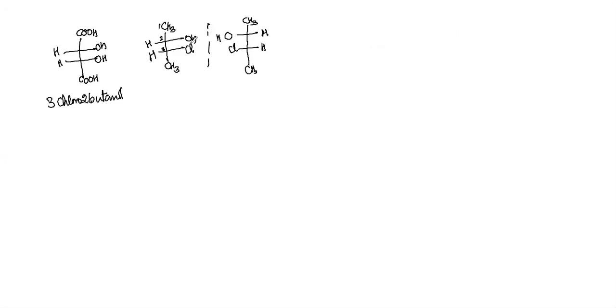Now you can see here, both the hydrogens are on the same side, the substituents are on the opposite side. So both the hydrogens on the left, on the first two carbons, you call this the erythro enantiomer.